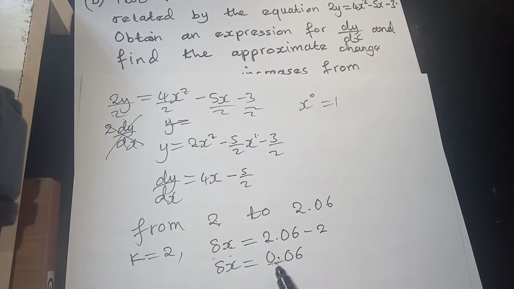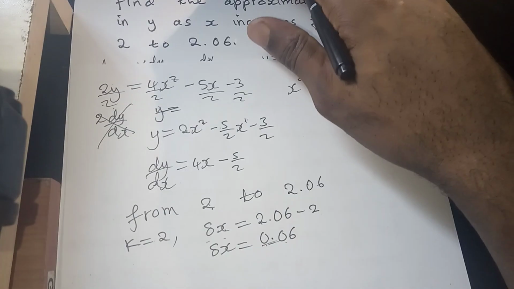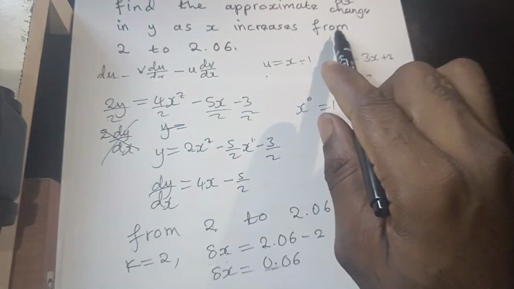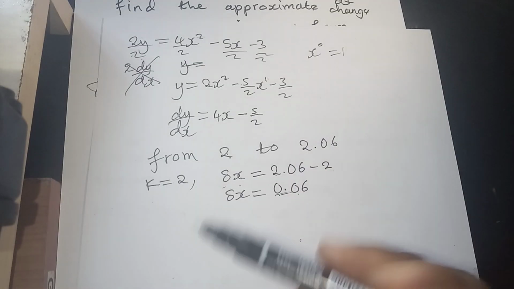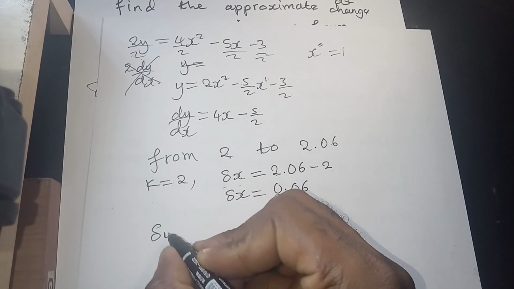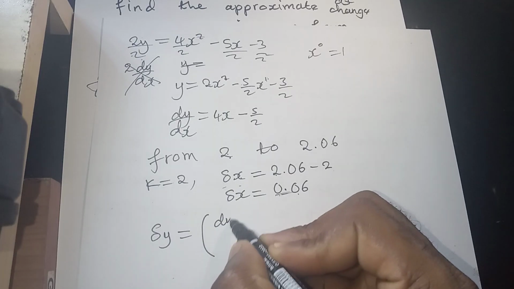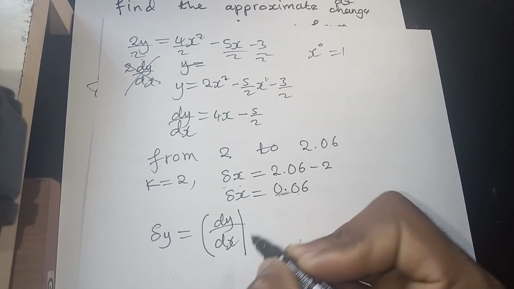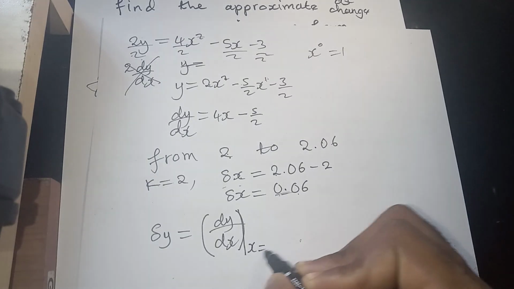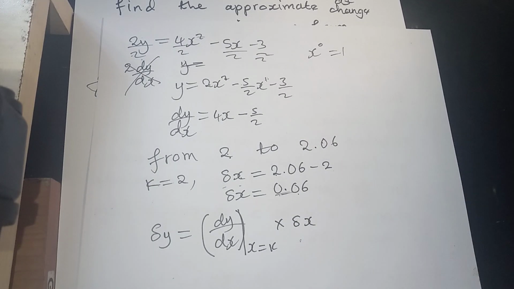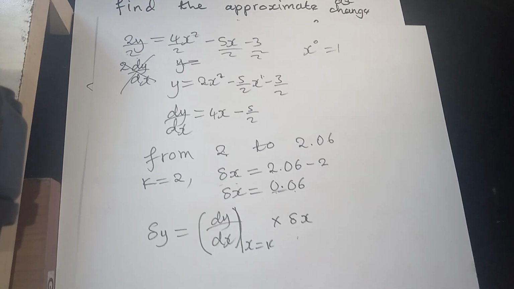So x increased by 0.06. Now to find the small increment in y as x increases from 2 to 2.06, we use this formula. The change in y, or delta y, is equal to dy/dx when x is equal to k multiplied by the change in x, which is delta x.